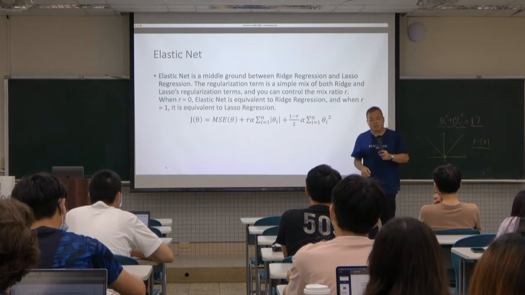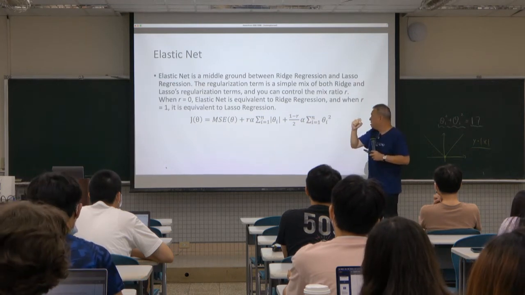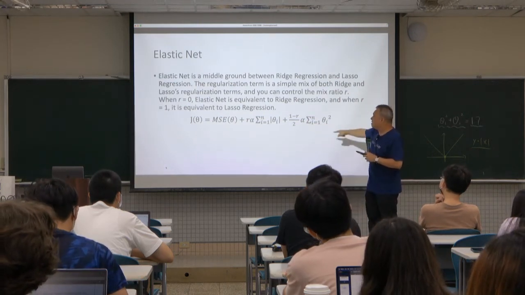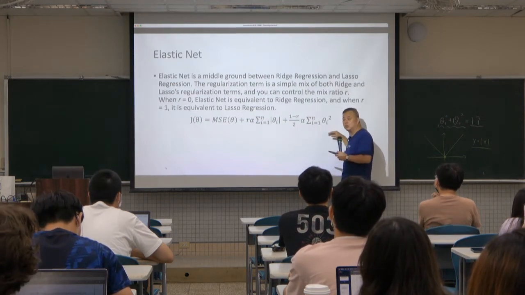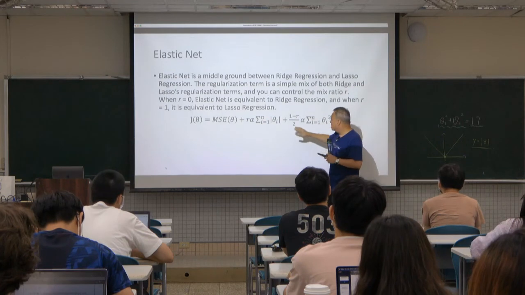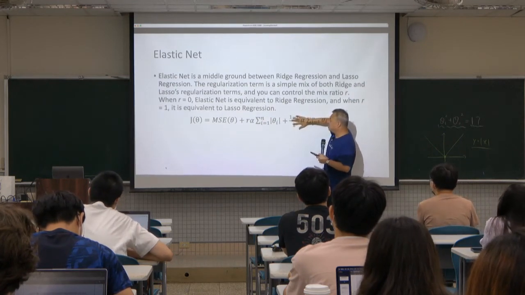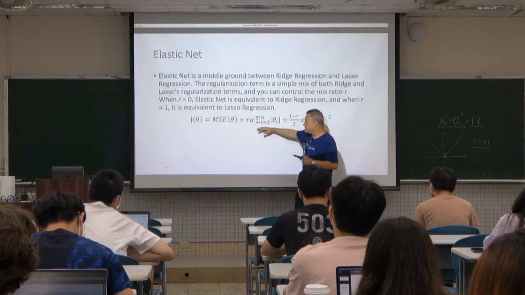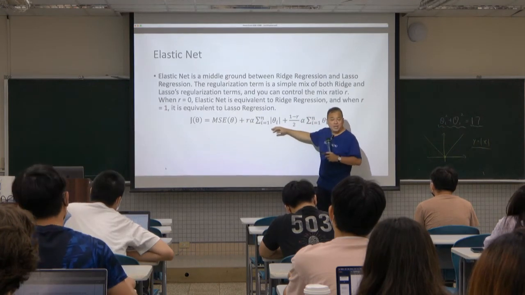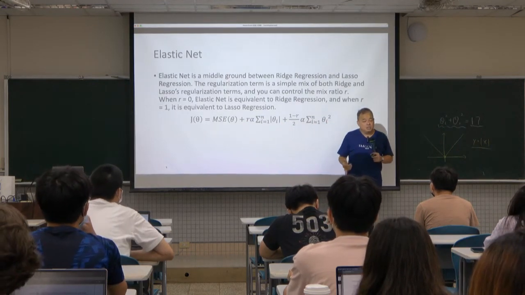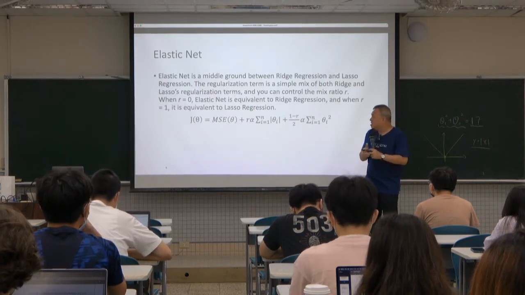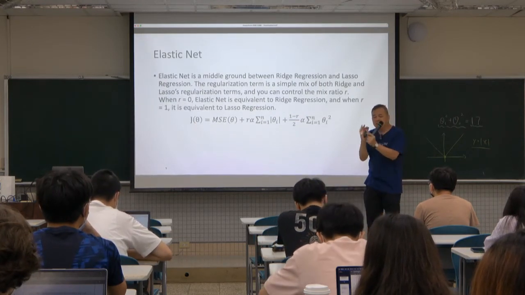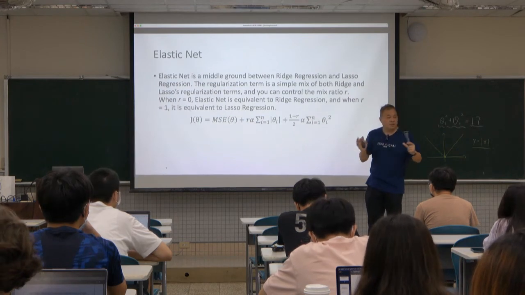When gamma is 0, the elastic net becomes L2. When gamma is 1, this term becomes 0, so the elastic net becomes L1. Depending on the value of gamma, the elastic net behaves somewhere in between L1 and L2.